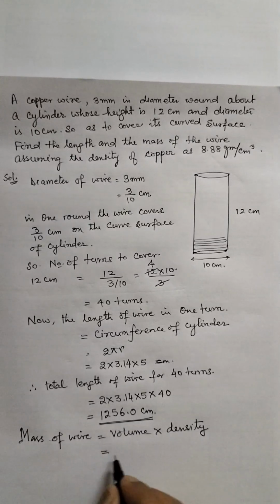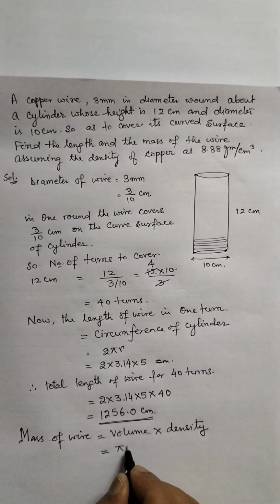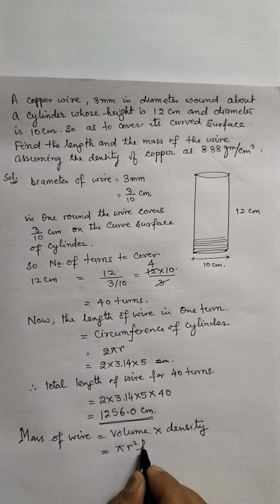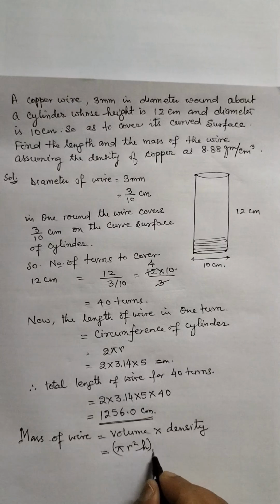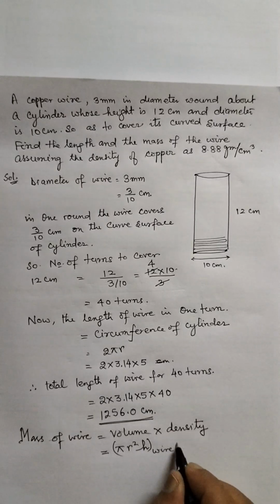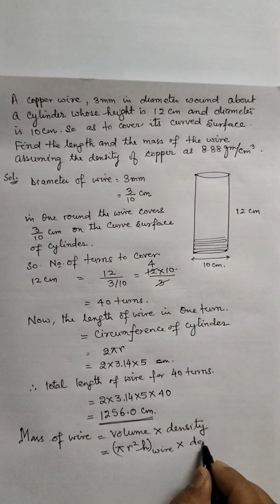Now volume is π r² h of wire times the density.